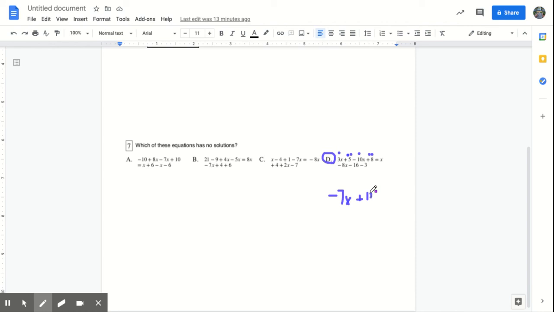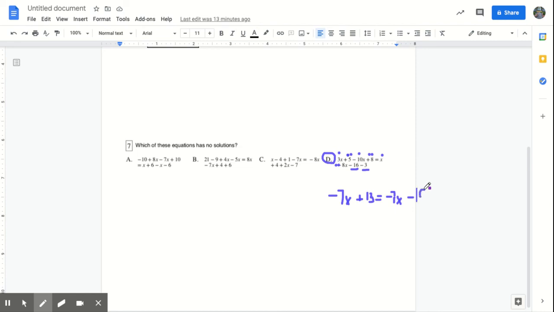They're both positive. All right, on the right side we have x minus 8x, that's negative 7x. And then we have minus 16 minus 3, that's going to be minus 19.